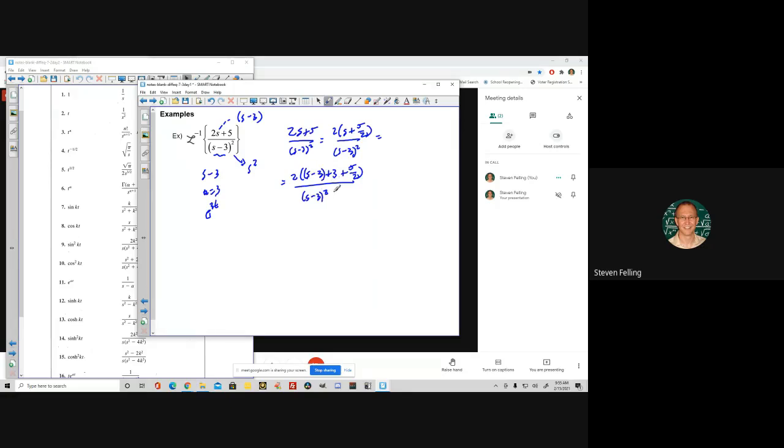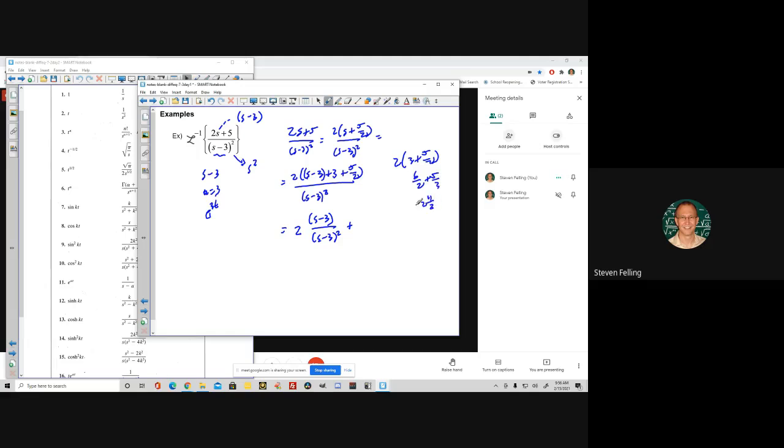And what that's going to give me is 2 times (s minus 3) over (s minus 3) squared. And this one over here is going to be the equivalent of 2 times (3 plus 5 halves). So 3 is the same as 6 halves, plus 5 halves is 11 halves, times 2 is 11.